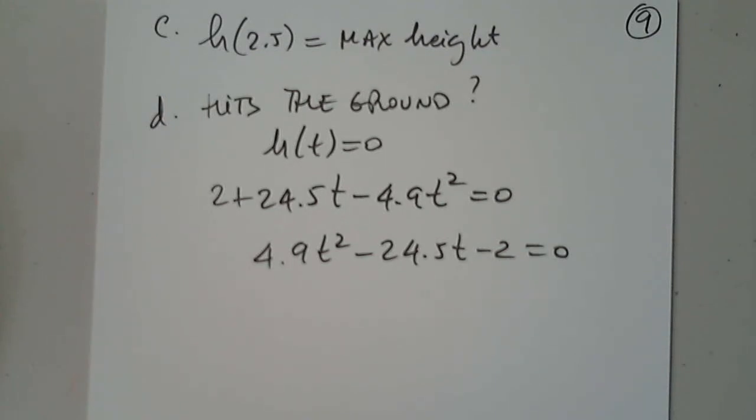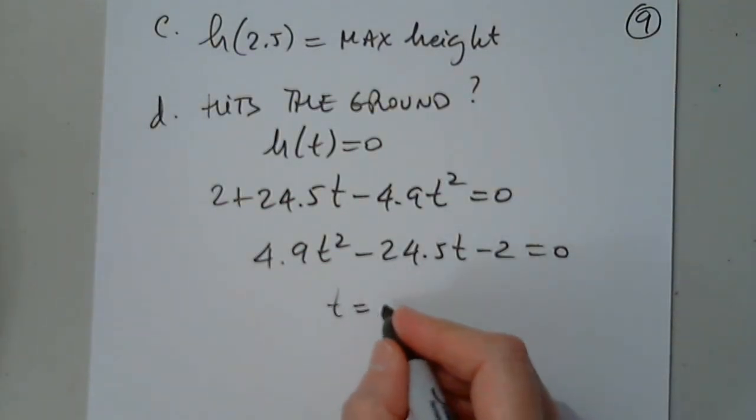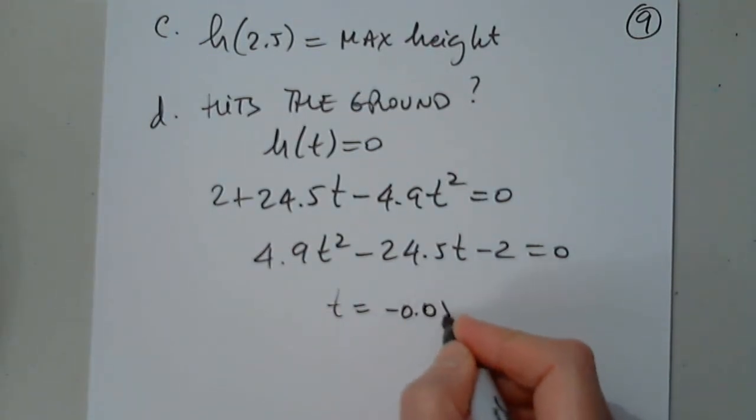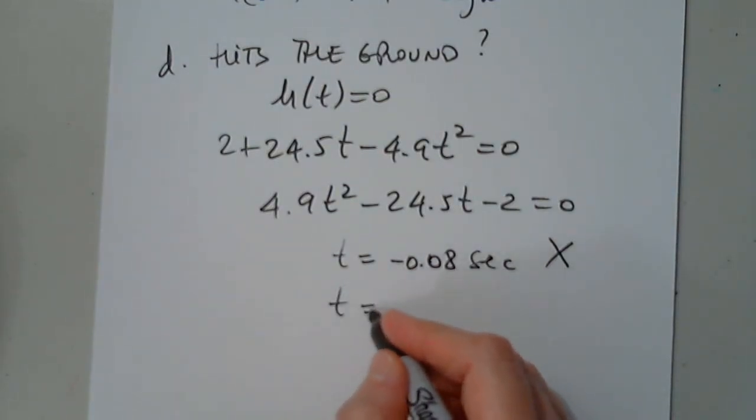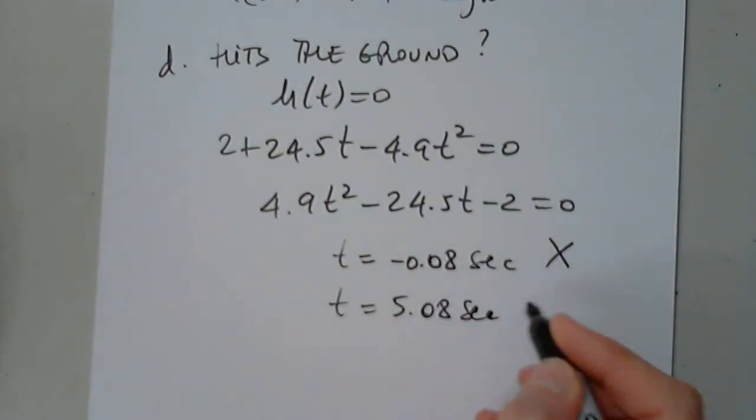Then the next one is negative 24.5. And then the next one is negative 2. And it has to be in descending order. Okay, so we get t equals negative 0.08, which is not possible. So it hits the ground at t equals 5.08 seconds.